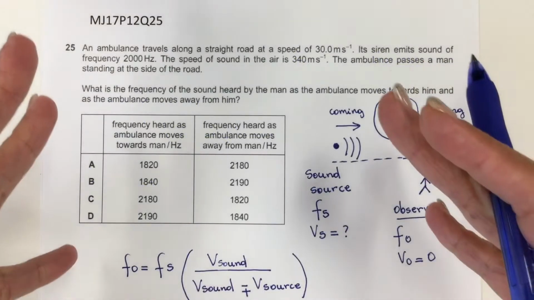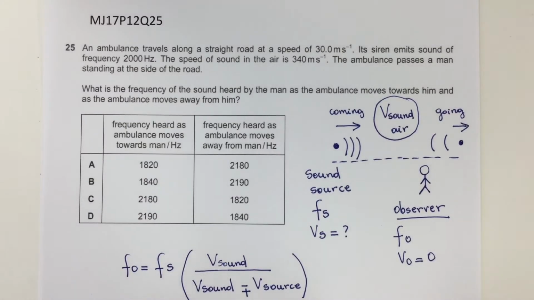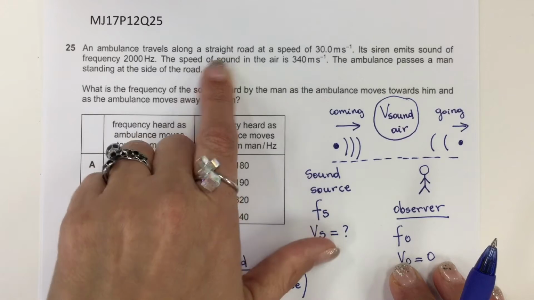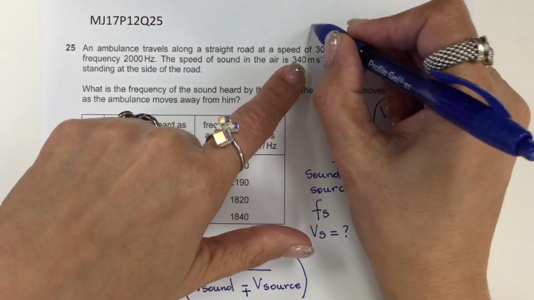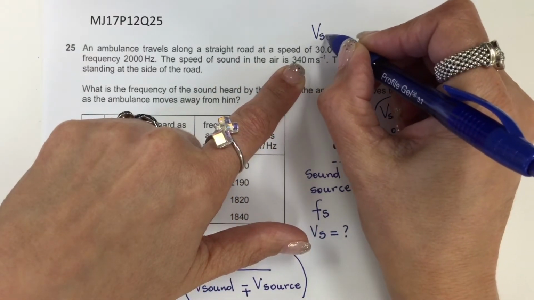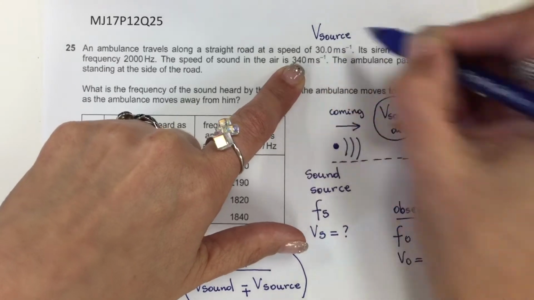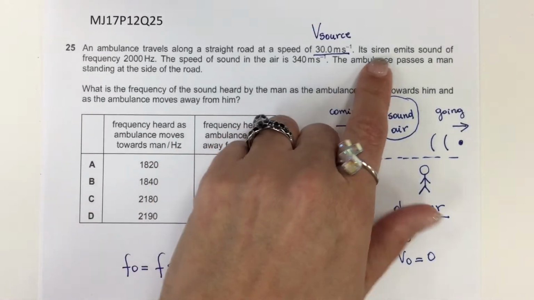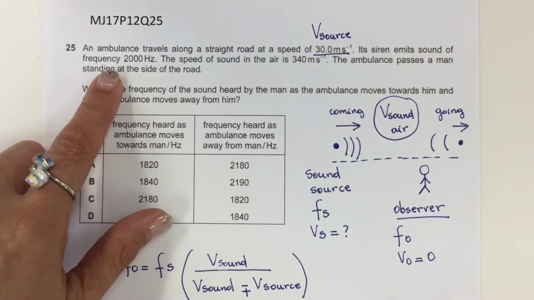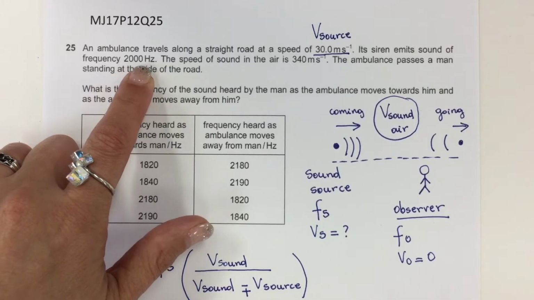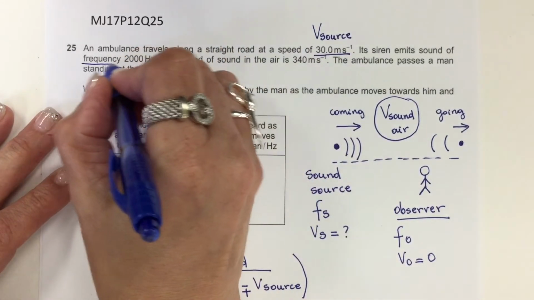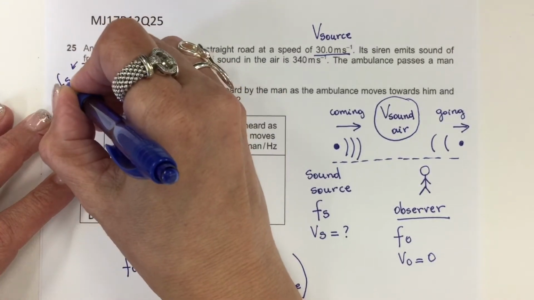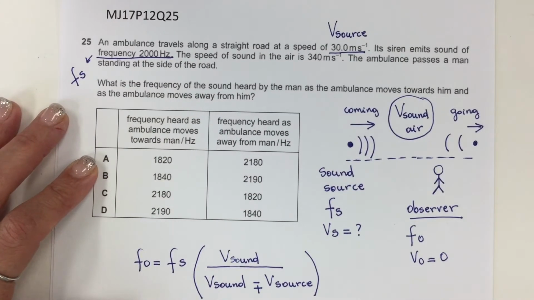Now I need to go back to the question to identify all the variables. The ambulance is traveling with this speed, so this is the speed of the source: 30 meters per second. Its siren emits a sound of the frequency of 2000 hertz, so this is the frequency emitted by the source.